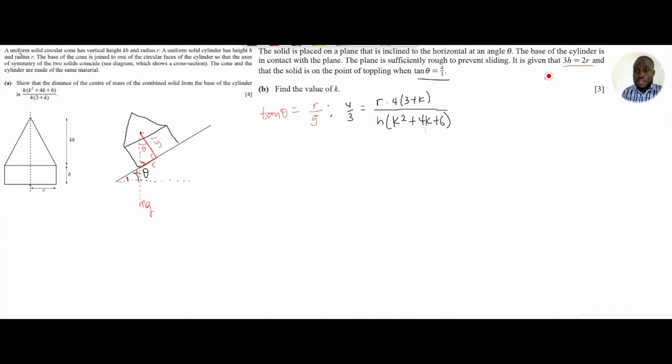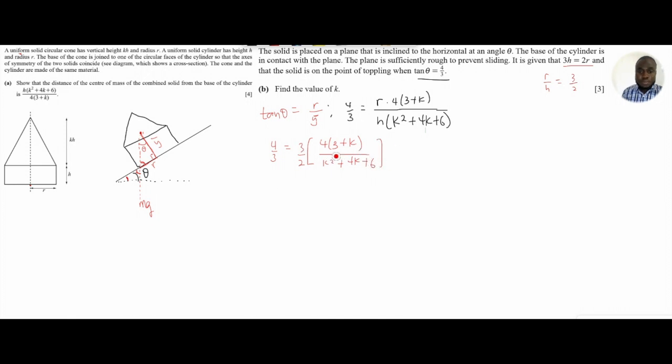So if you want to find r over h, that will be 3 divided by 2. So using that here, 4/3 should be equal to r over h, which we now know as 3/2, multiplying 4 times 3 plus k over k squared plus 4k plus 6.